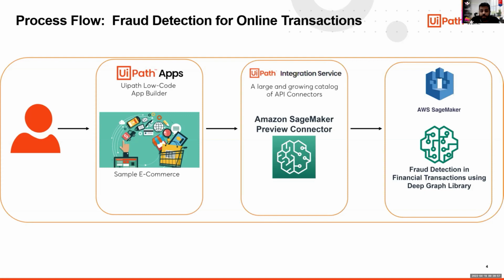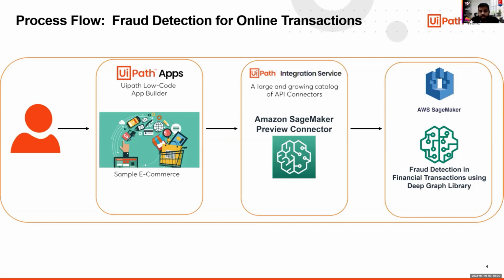The second step is once the user fills in the information such as credit card, the address, and so on, and clicks to buy, Apps will make a call to an automation that receives the customer information, crosses this information with the historical information that the company already has on the same customer, and sends this data to a model on Amazon SageMaker.